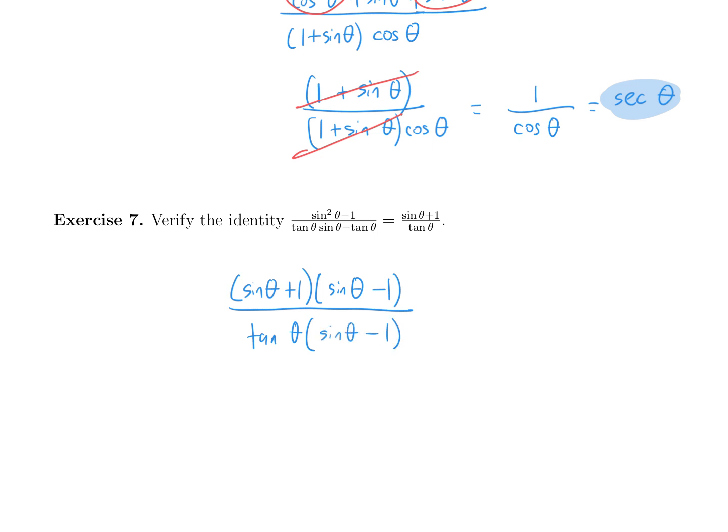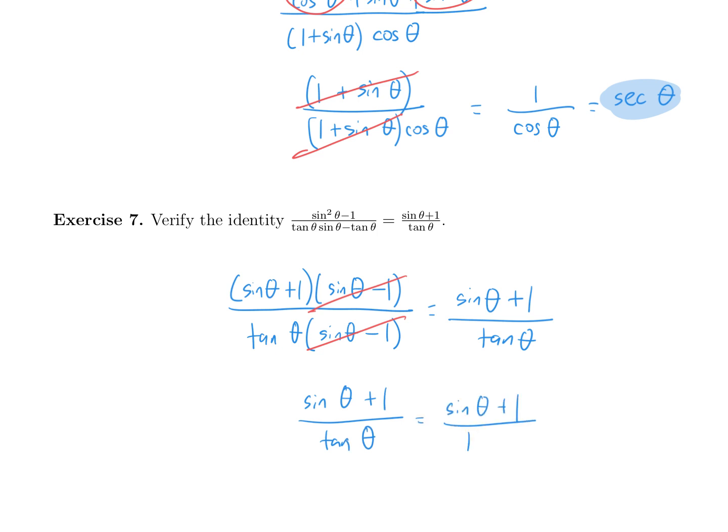All right, I simply factored out the tan here, so I'm left with sine minus 1. And look at that, we can cancel out the sine minus 1s. And we are done at that point, because on the right side, we're left with sine theta plus 1 over tangent theta, which is exactly what we have on the left side. And we are done.